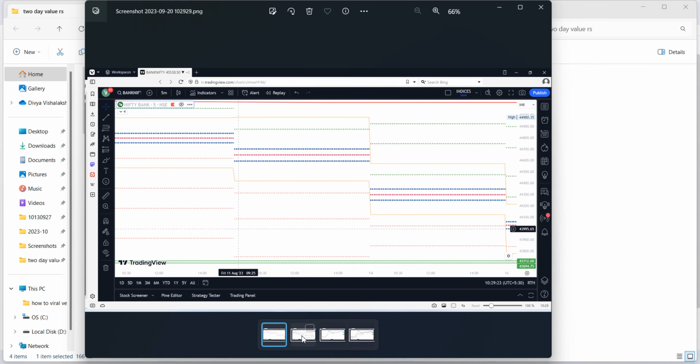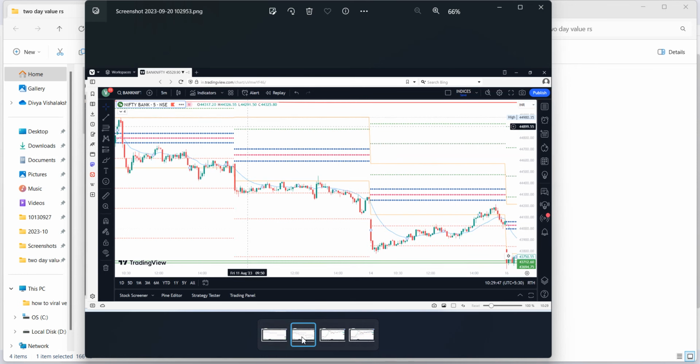Now let's see with the price in it. See, the price stays below it and keeps on moving down. Maybe it is bouncing back, but it keeps on moving down. When you see here also, there is a gap down opening. This is how we can predict the market with the CPR pivot points.